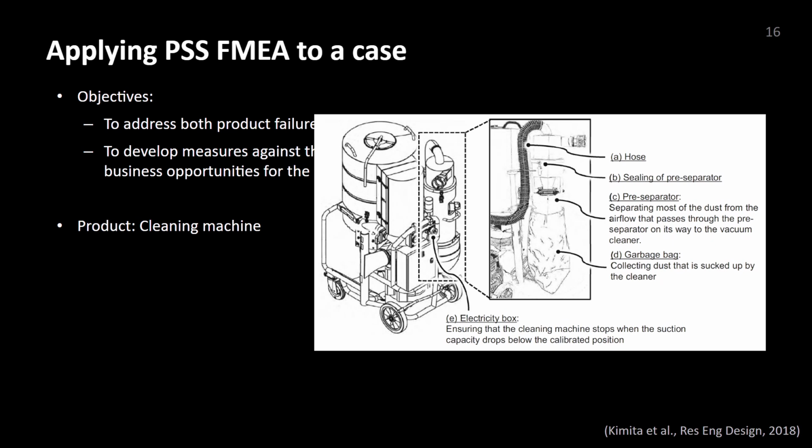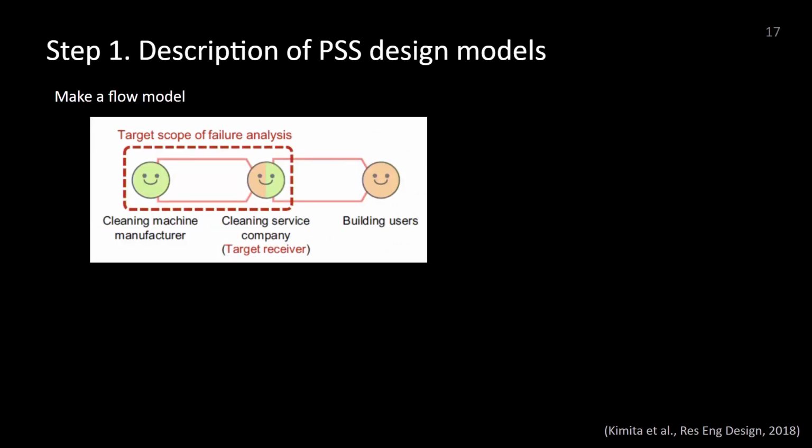Number 2, to develop measures against those failures and also find new business opportunities. And this application is what we conducted with one of our industry partners, and those objectives and motivations were given from the industry partner, who manufactures this product and also provides services.